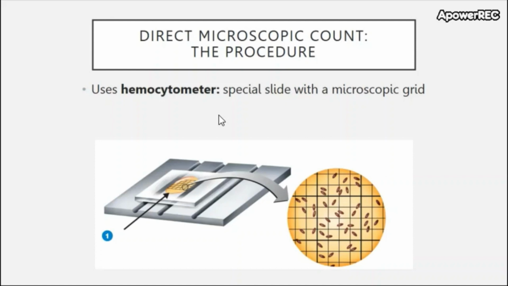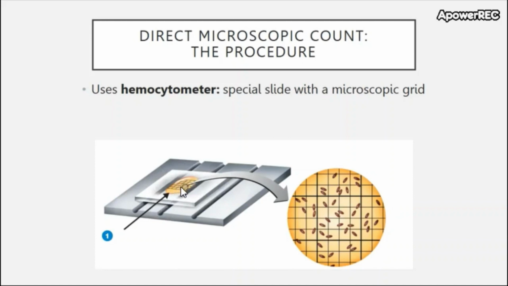What it allows you to do is count the number of cells under a microscope per a given unit of volume. So in this example here, we can see that there's the bottom slide piece, and there are these grooves here for aliquoting your bacterial suspension into, and then you have this cover slip, and this cover slip has a little bit of a gap between the bottom of it and where this grid is.